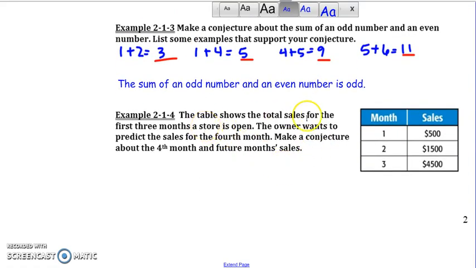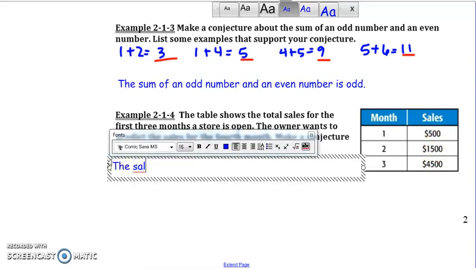All right, so the table shows the total sales for the first 3 months a store is open. The owner wants to predict the sales for the 4th month, so make a conjecture about that 4th month's sales. So 500, 1500, and then 4500. Well, from 500 to 1500, that's tripling, and then 1500 to 4500, that's tripling as well.